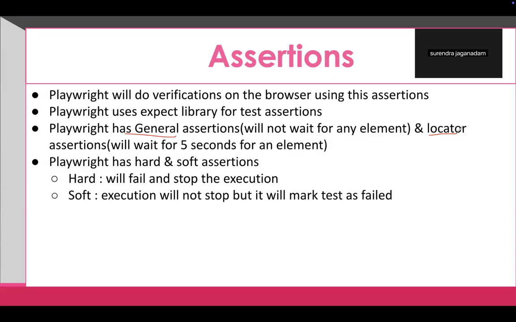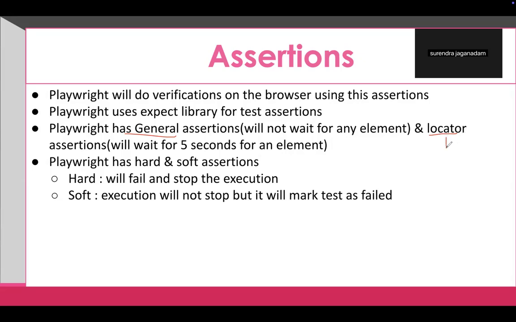Get that text, store it in a constant, and compare it, which itself is a general assertion. We are not doing anything related to the locator. We have already stored the text in a variable, and you are comparing the data in one variable with another variable, one constant with another constant. That itself is a general assertion.